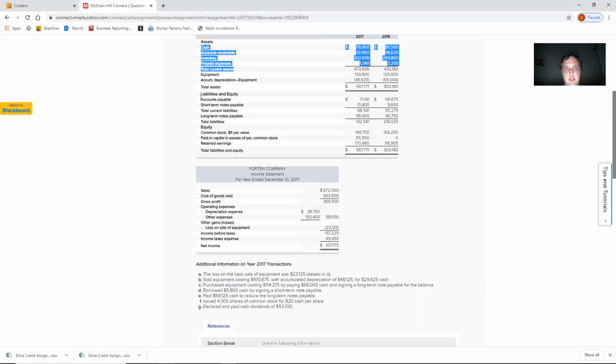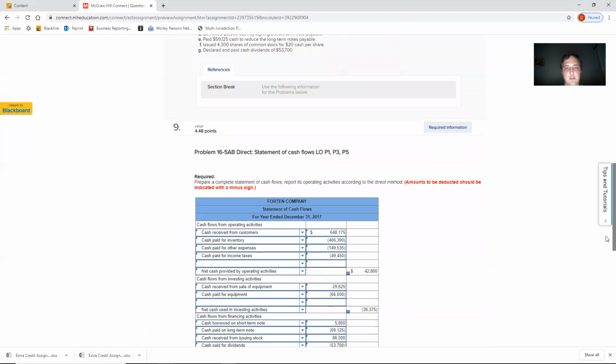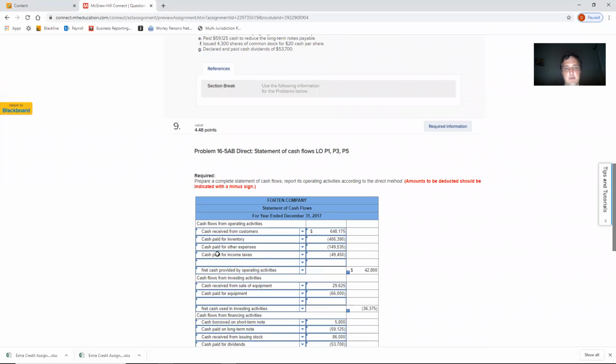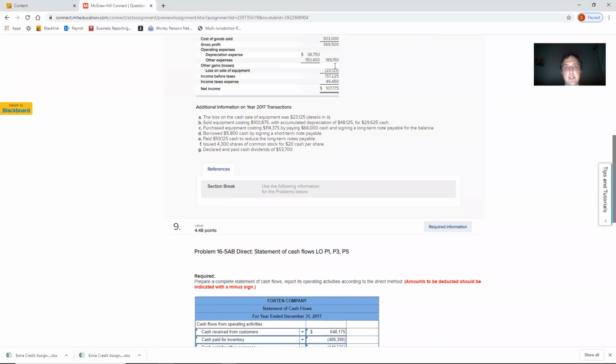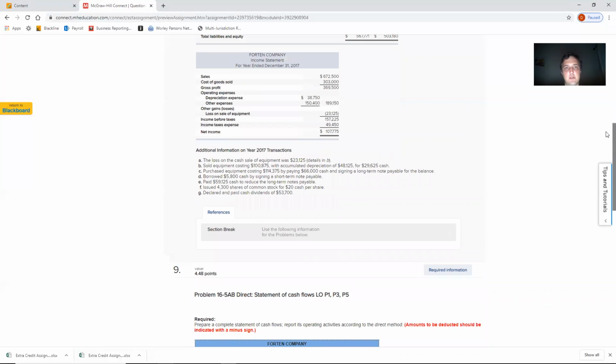We have one short term note payable though, so that's not going to come into play in our financing. That's all of our operating activities at this point, and we've included everything up to net income, except for depreciation, which is a non-cash expense, and the loss on sale, which is going to be a financing or investing activity.